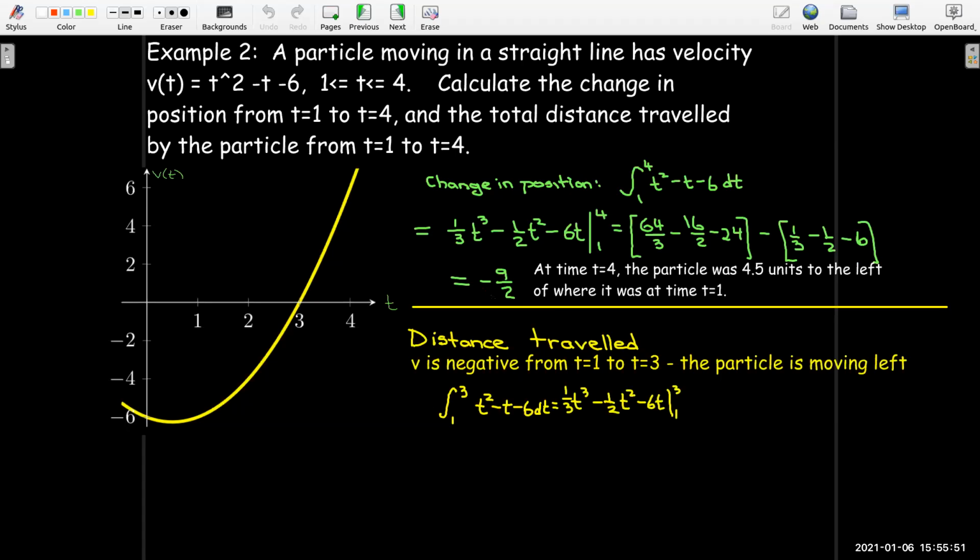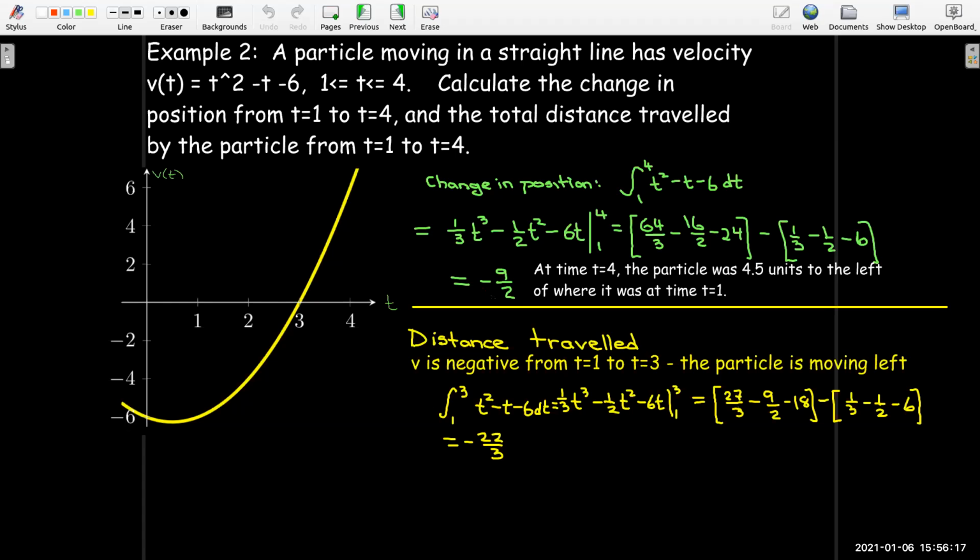That'll tell me the distance moved to the left. So same antiderivative. Now perform the evaluation between 1 and 3. And I'll get negative 22 over 3. So it moved a total of 7 1/3 units to the left, and then it stopped.